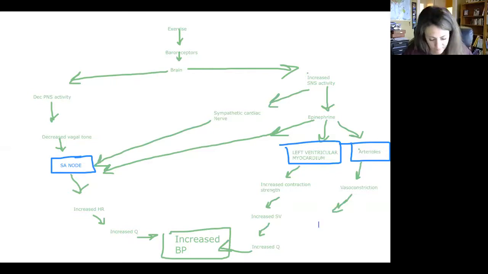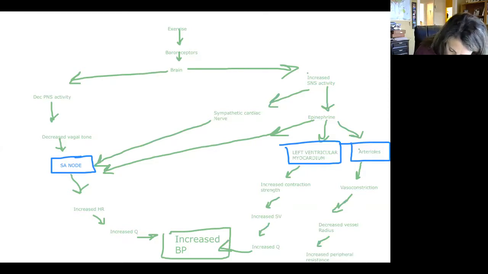Decreased vessel radius. And what does that cause? Increased peripheral resistance, which will cause an increase in blood pressure.